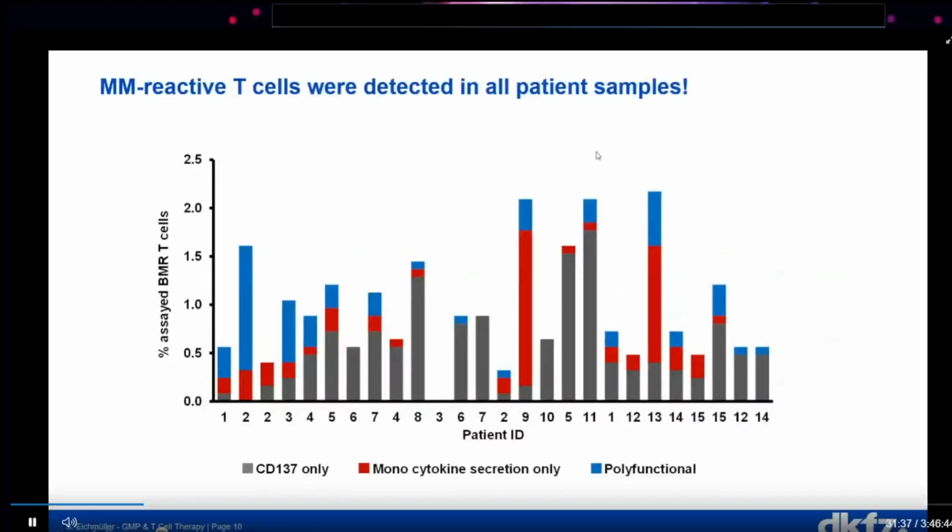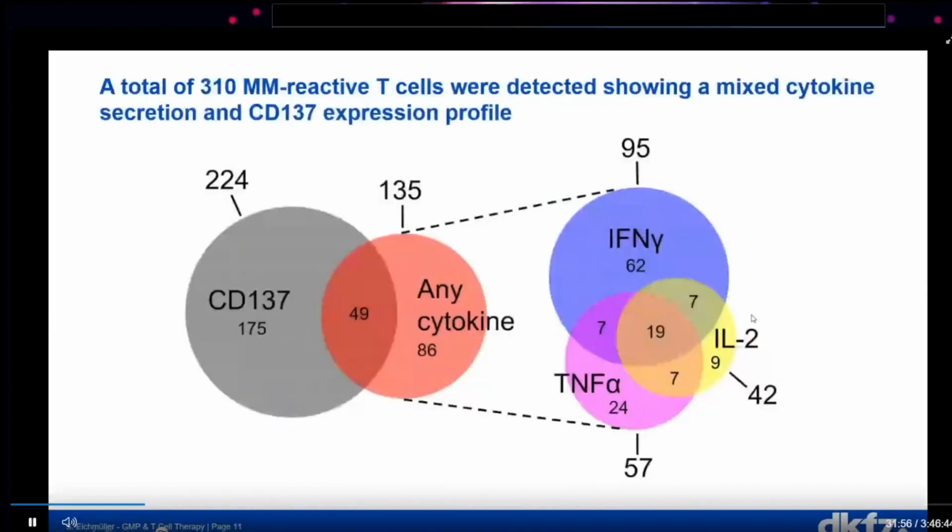These are the results of bone marrow reactive T cells, where we summarized whether we have only one cytokine, polyfunctional responses, or CD137 only. You see this is quite different between the different patients.